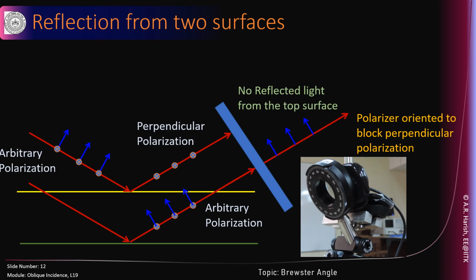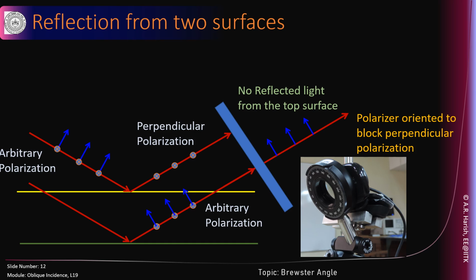Therefore, if I were to see the reflection through this polarizing lens, or polarizing film, what I see is only the parallel polarized component. Since the reflection from the top surface is perpendicularly polarized, that will not pass through the polarizer, but the reflection from the bottom surface will pass through the polarizer.